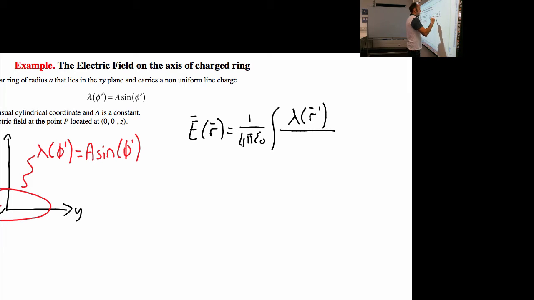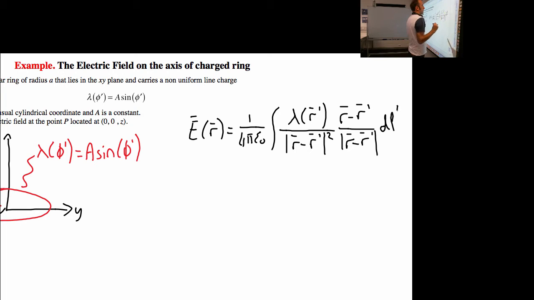Remember the prime is with respect to the source, so we've got r minus r prime, squared, r minus r prime unit vector, dl prime. Okay, so the integral is with respect to the source.